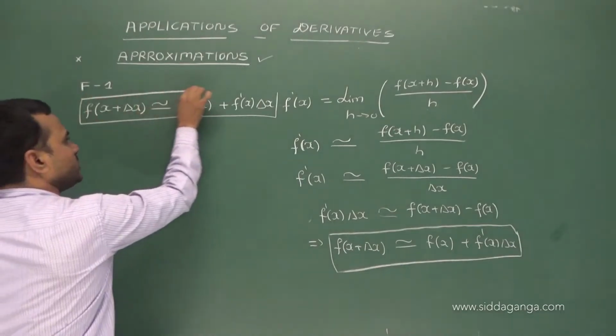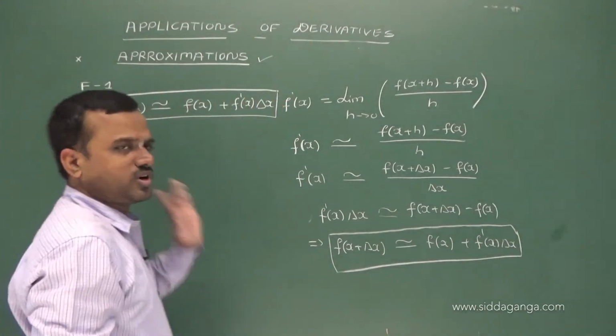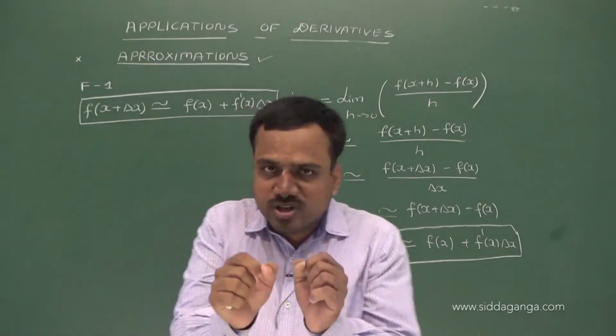This is Formula 1. Formula 1 is f of x plus delta x approximately equal to f of x plus f dash of x into delta x.